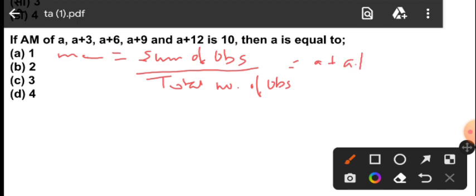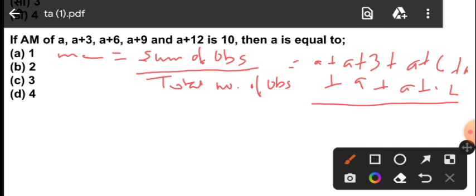So the sum of observations is given: a plus 3, a plus 6, a plus 9 and a plus 12. So we will sum all of this, and the total number of observations is here 1, 2, 3, 4, 5.